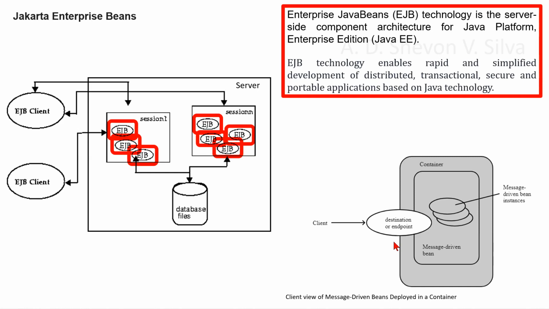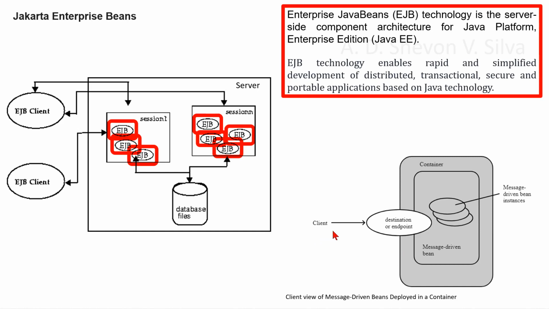Actual locations of the enterprise bean and enterprise beans container are in general transparent to the client using the enterprise bean. References to message destinations can be injected, or they can be looked up in the client's JNDI namespace.